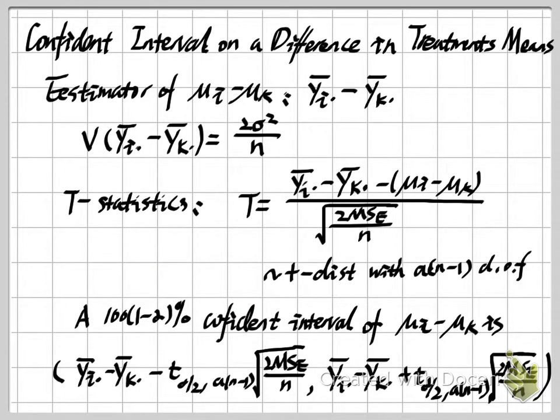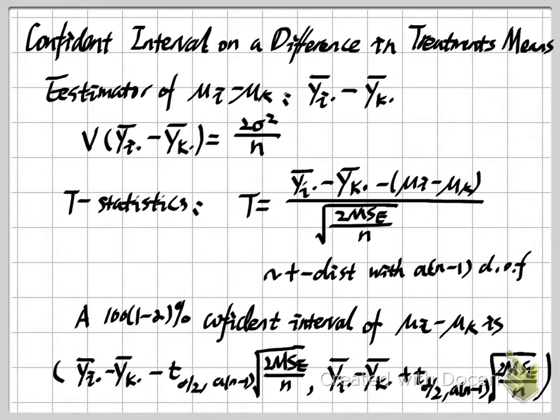We said we use the estimator yi dot bar minus yk dot bar to estimate the difference between mu i and mu k. Then by using the MSE, the mean square of error, as our estimator of sigma square, the sample variance, we can construct a t statistic, and by our knowledge of the confidence interval, we have this.